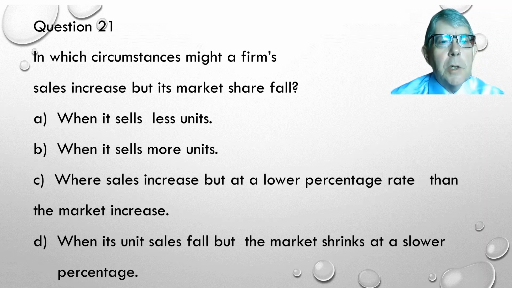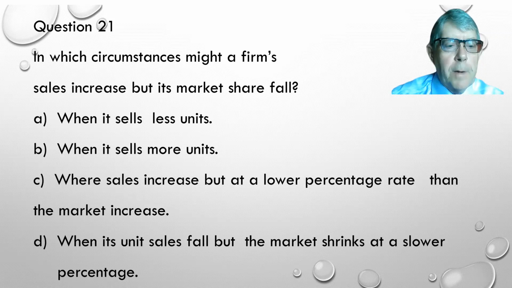Question 21. In which circumstances might a firm's sales increase but its market share fall? A, when it sells less units. B, when it sells more units. C, where sales increase but at a lower percentage rate than the market increase. And D, when its unit sales fall but the market shrinks at a lower percentage.